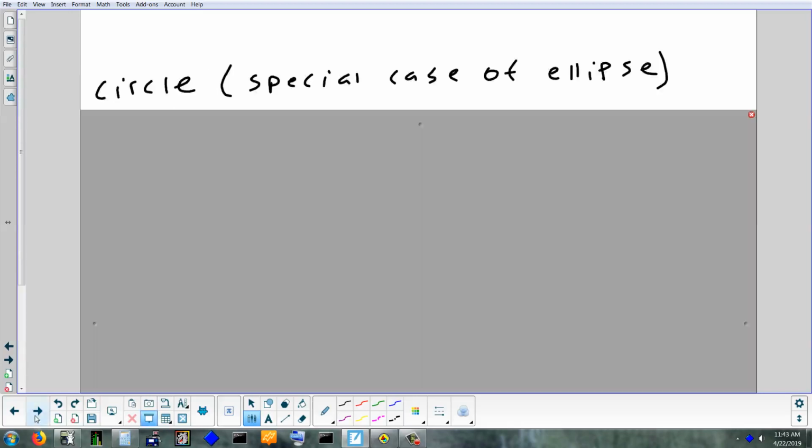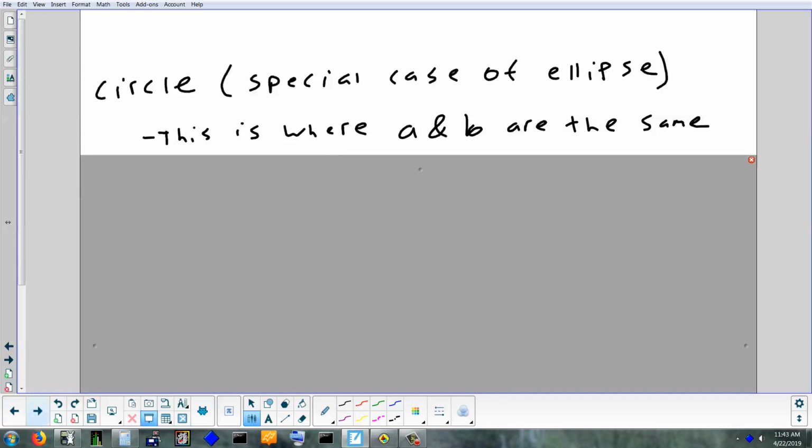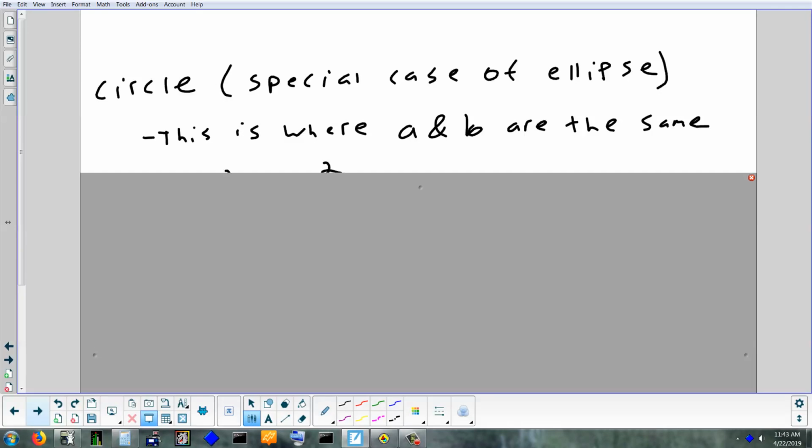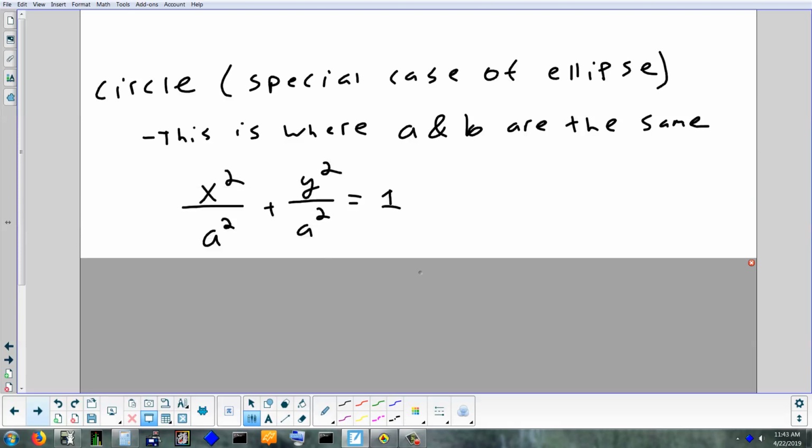All right. So a circle is really, and this is the only thing I'm really going to say about a circle, because if you studied ellipses, they pretty much include circles. It's a special case of an ellipse where a and b are the same. So instead of writing 2 different numbers in each denominator, you just have the same number in each denominator. Call it a, call it b, you can call it whatever you want.